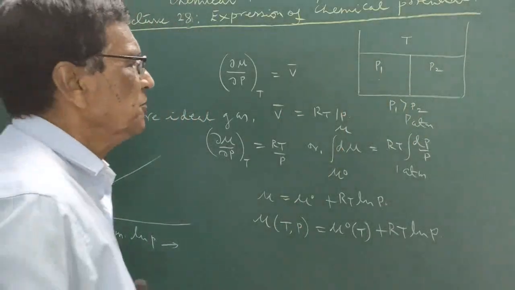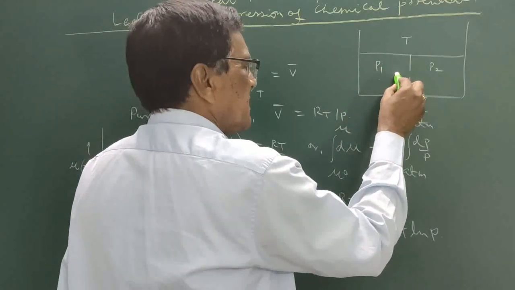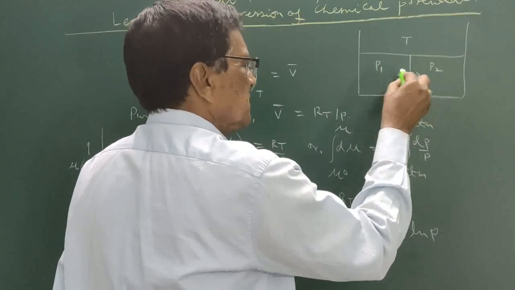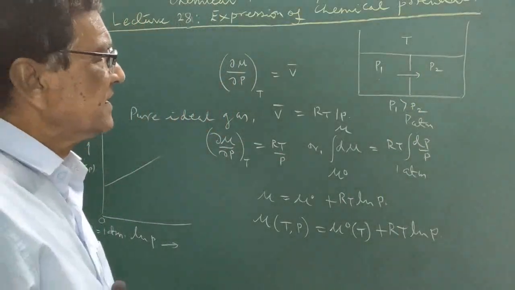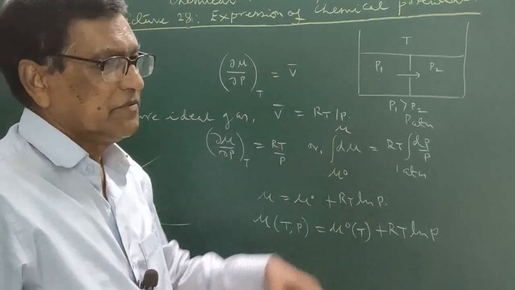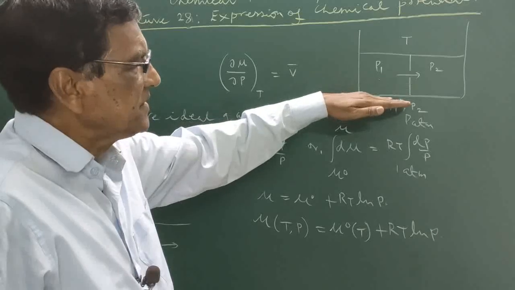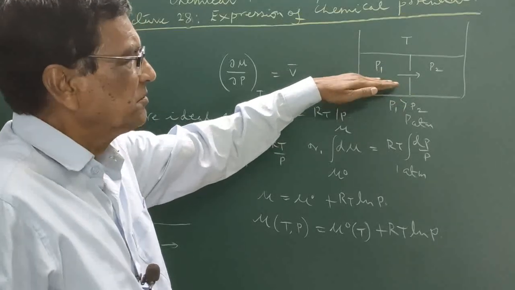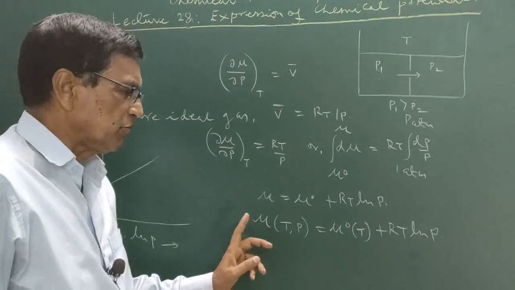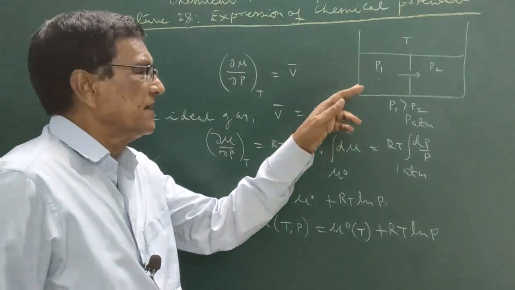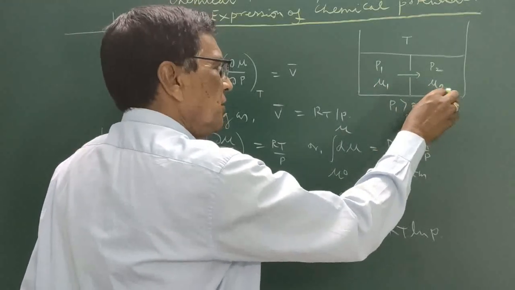If we make a hole in this partition, the gas will move from the high pressure to the lower pressure until it becomes equal. This is the condition for mechanical equilibrium. Instead of expressing the spontaneity of this process in terms of pressure, we can also express it in terms of chemical potential. Suppose the chemical potential here is mu1 and here it is mu2.